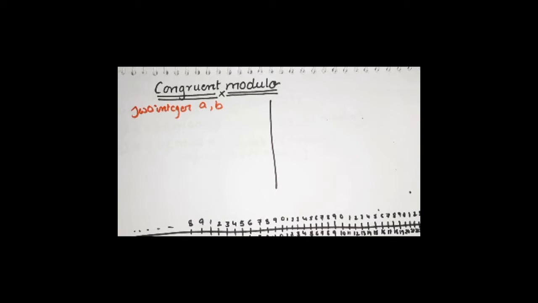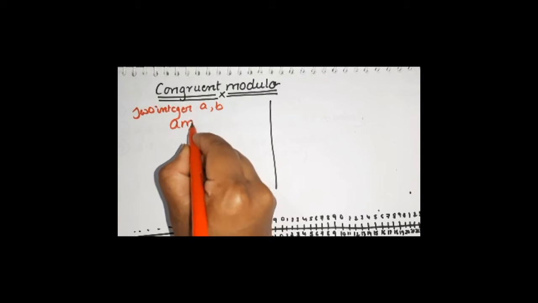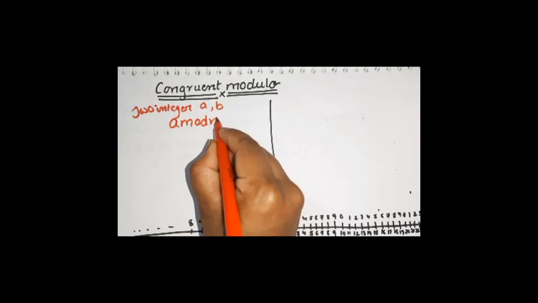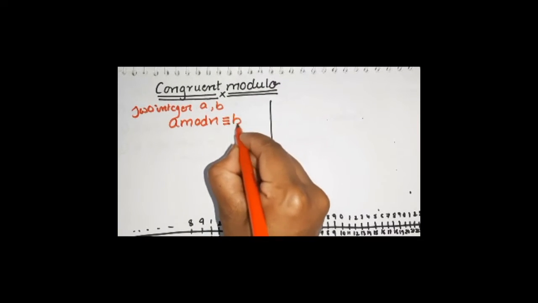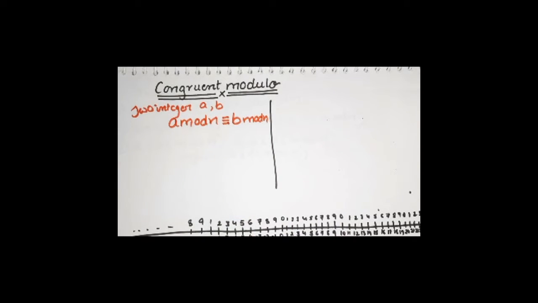Now what do I mean by equivalence? See, A mod n is said to be congruent to B mod n when the value of A mod n and B mod n is the same. That is, they should be equivalent.